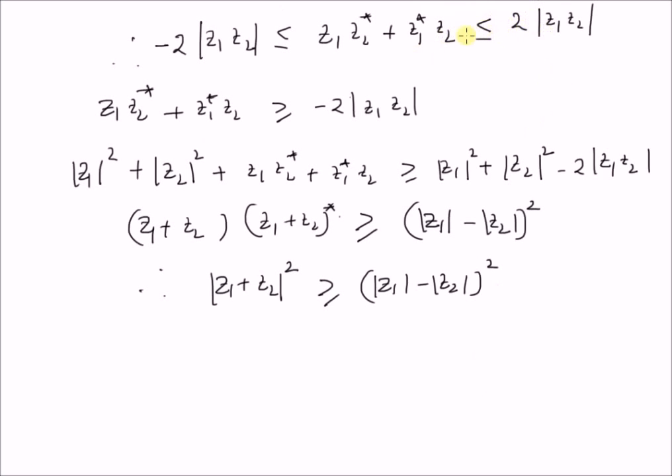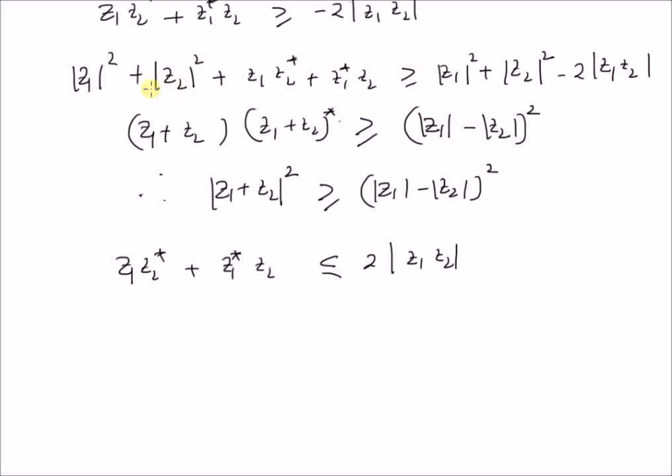And by using the right hand side of this inequality, we know that the sum z1 z2 conjugate plus z1 conjugate z2 is always less than or equal to 2 times the absolute value of the product z1 z2.